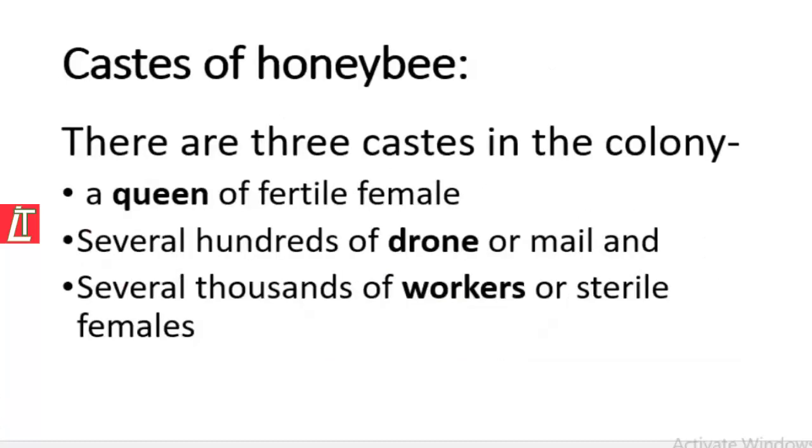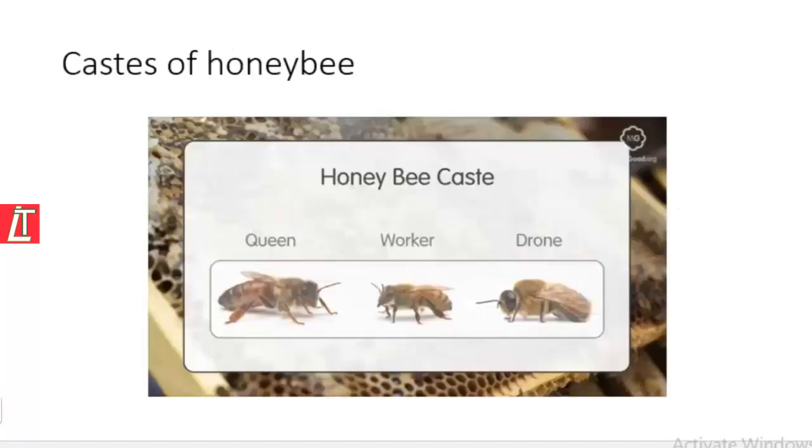Castes of honeybee. There are 3 castes in the colony: a queen or fertile female, several hundreds of drones or males, and several thousands of workers or sterile females. Caste of honeybee: queen, worker, drone.